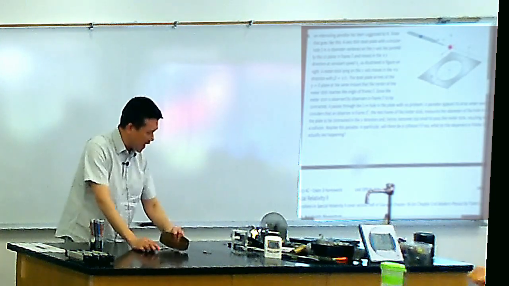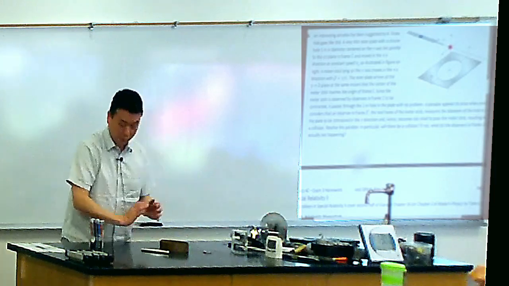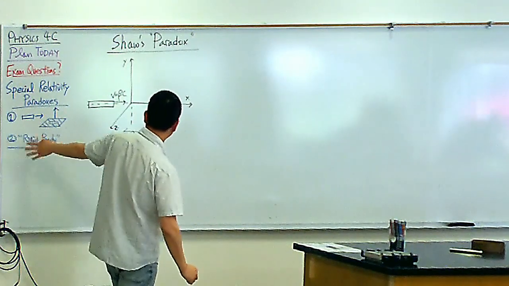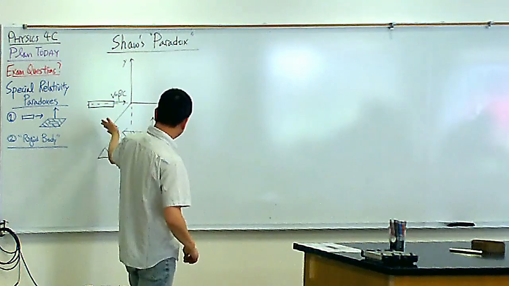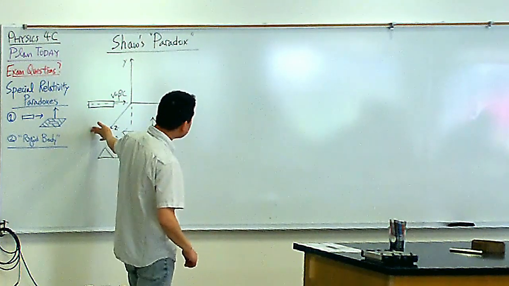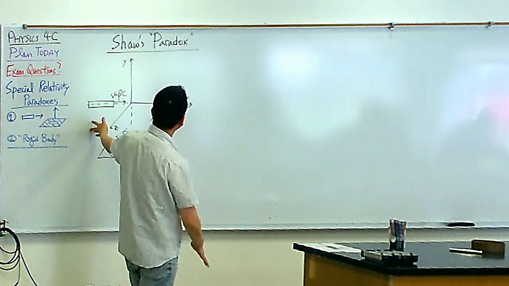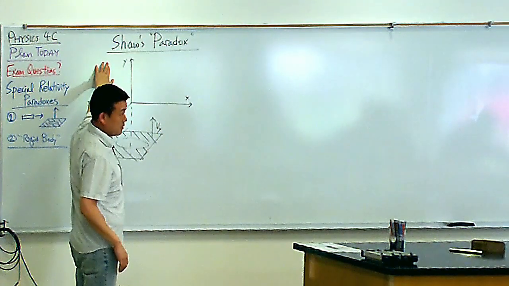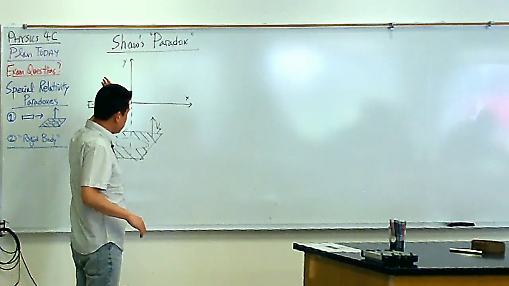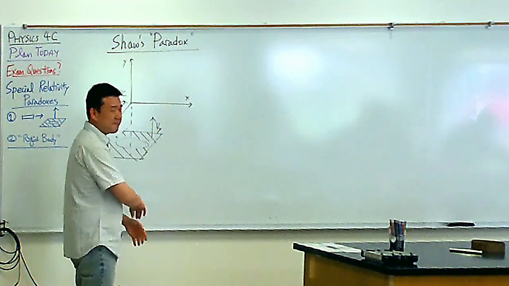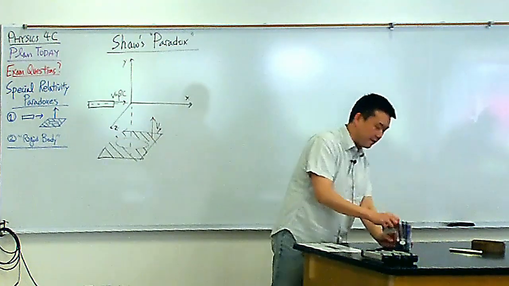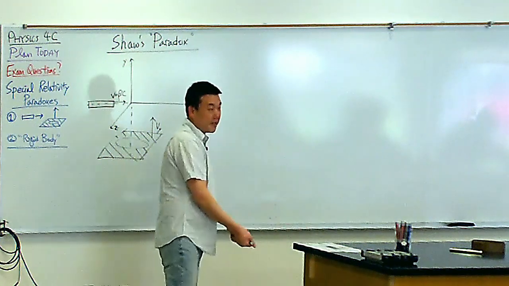Yeah? And so let me draw the diagram. That'll probably help. And I have only 10 minutes, so I guess we won't get to the rigid body other than maybe a brief mention. So your number one tool in analyzing any paradox is a space-time diagram. And that's what I would recommend here also, because you can talk all you want, and it's really easy to confuse yourself in a flood of words.